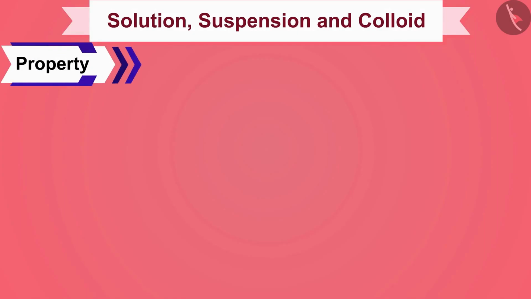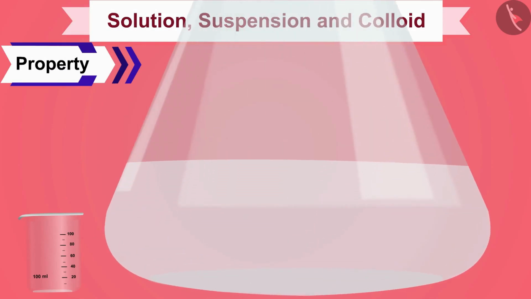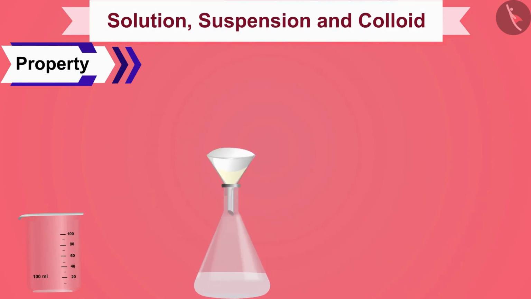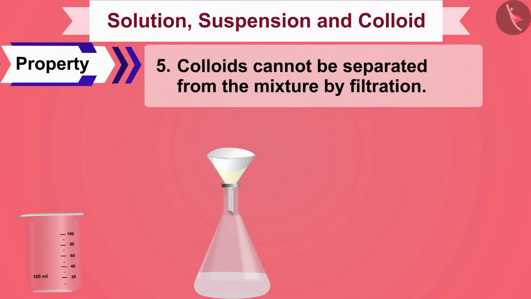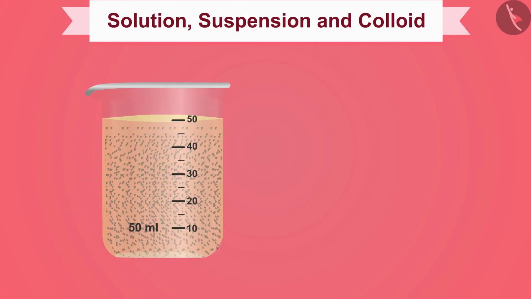If we filter this colloidal solution with filter paper, can we separate milk and water? No. Therefore, we can say that colloids cannot be separated from the mixture by filtration. And friends, do you know another interesting thing?